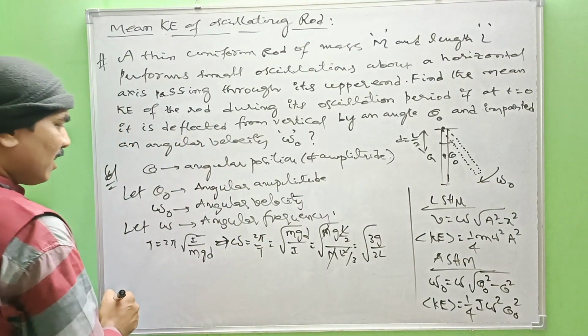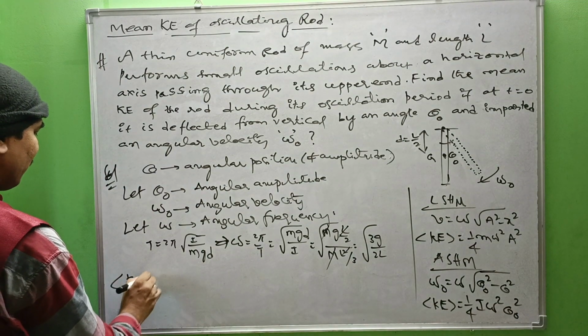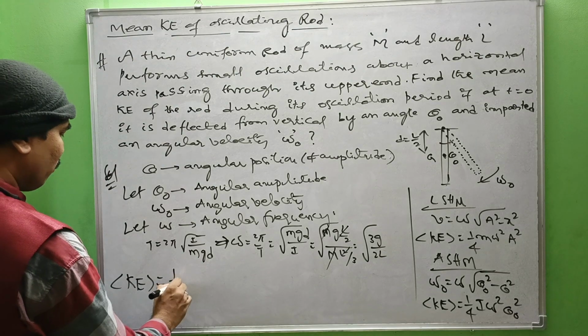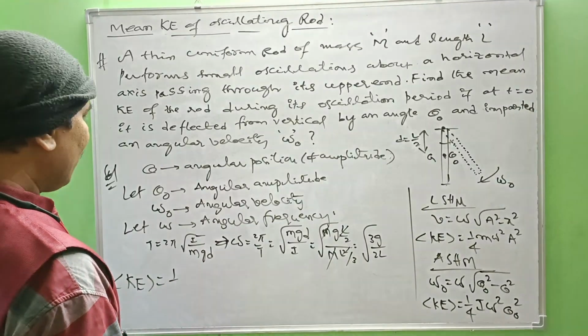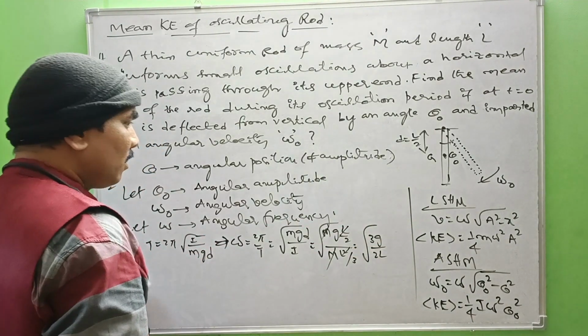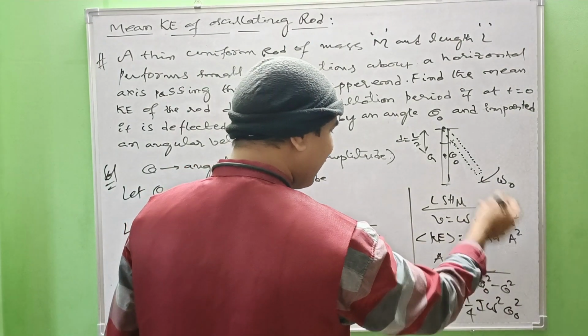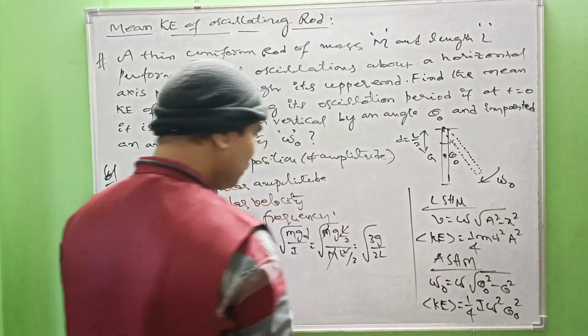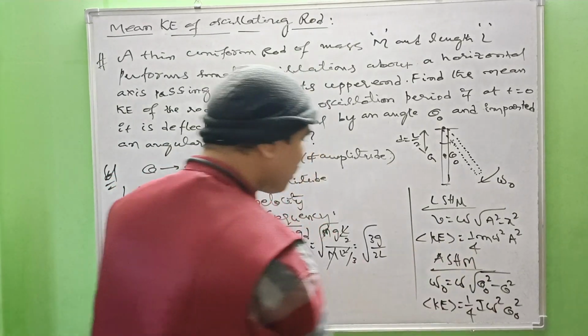So average kinetic energy is given by 1/4, right? Before that we need to consider that formula. What is theta square here, otherwise theta naught square?